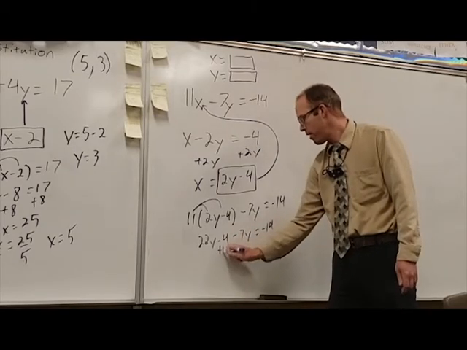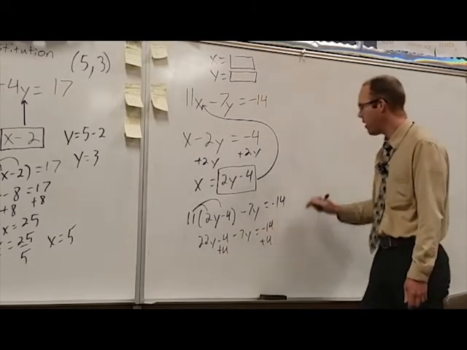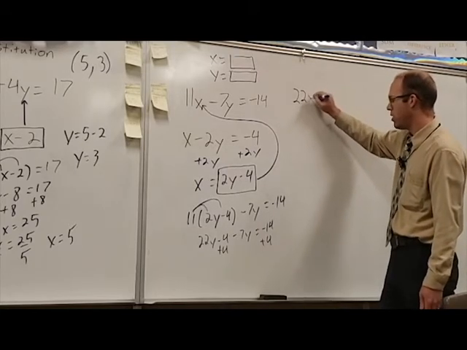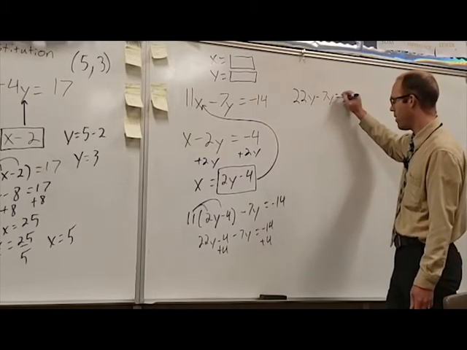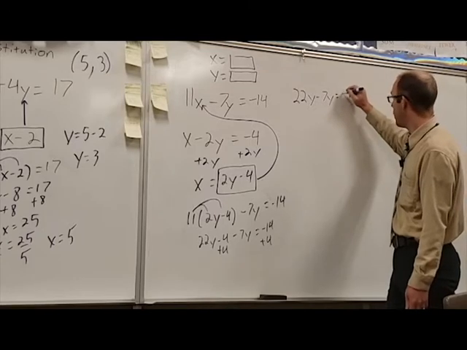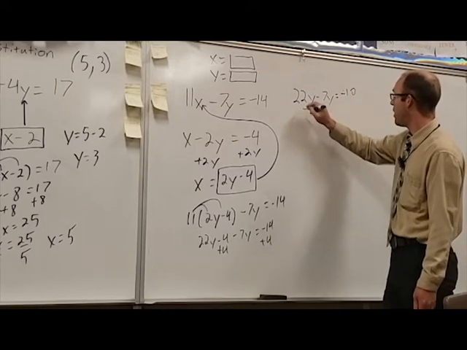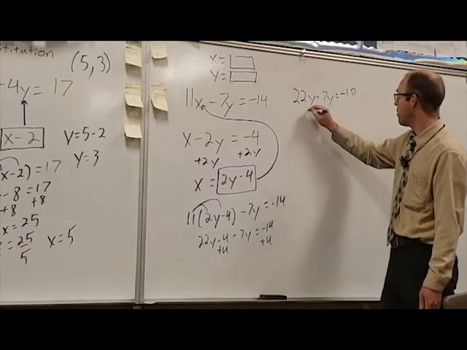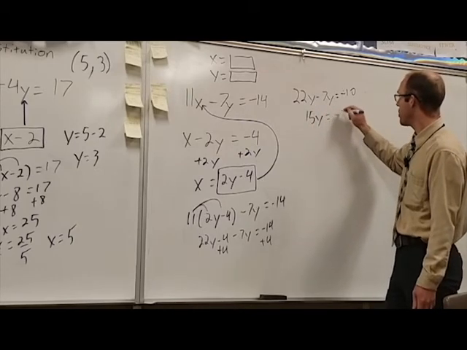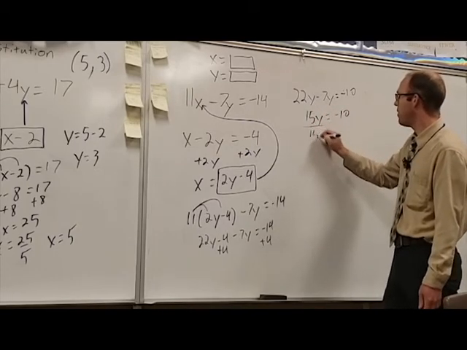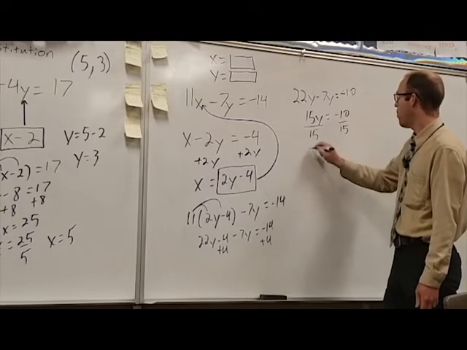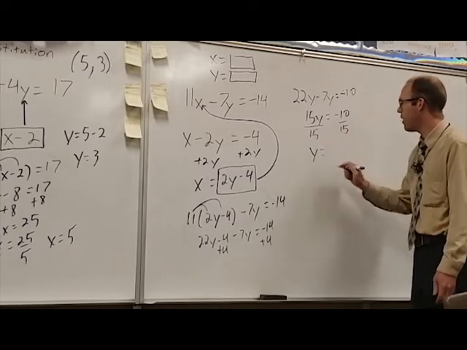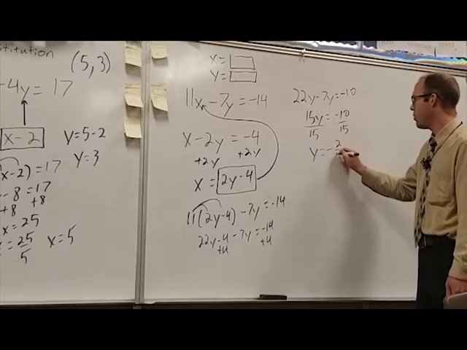Let's add that 44 to get it to the other side. That'll give me 22y minus 7y equals negative 10. And we combine these like terms, we get 15y equals negative 10, and then we'll divide by 15 to get y equals, and this simplifies to negative 2/3.